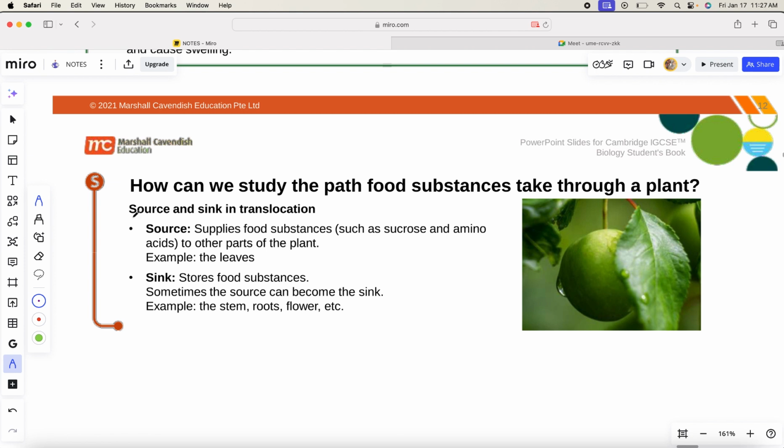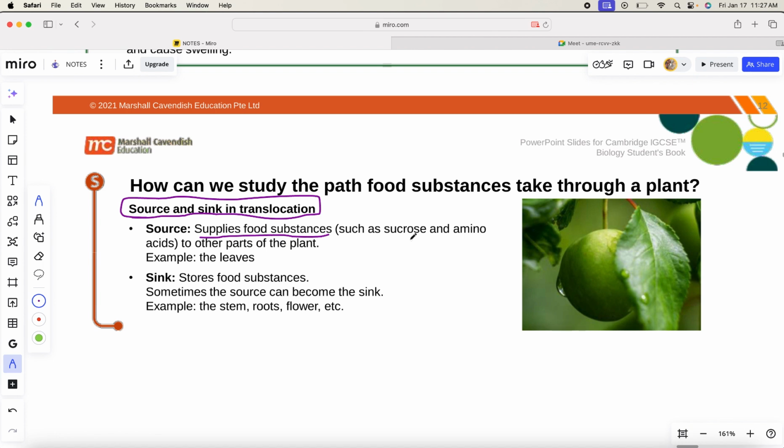Like I said, you have to know how to explain what we call translocation. First, what is the source? The source supplies food substances, that's why they call it source. It is where you get the food from. What food substances?